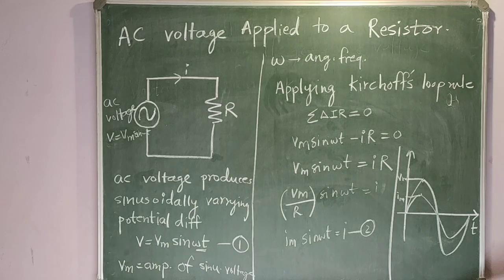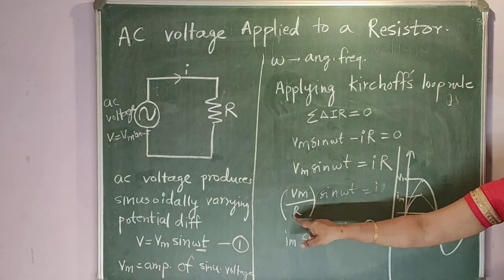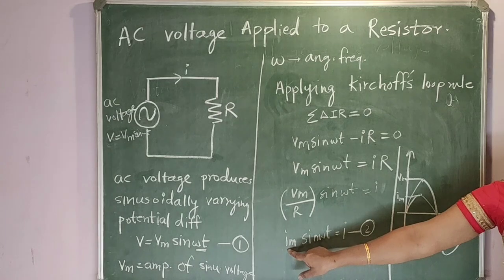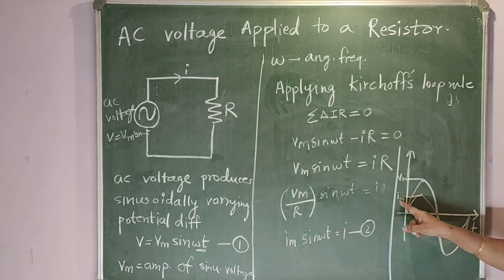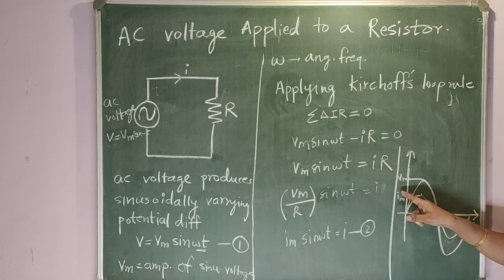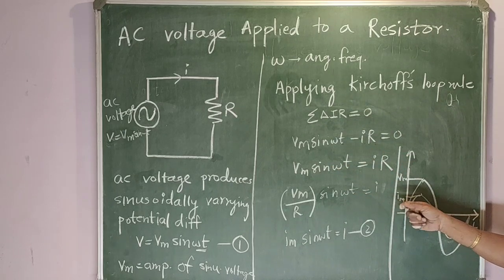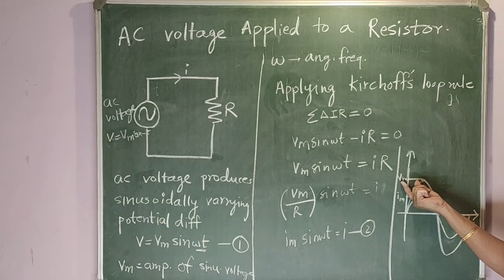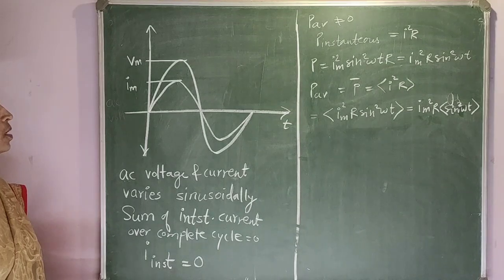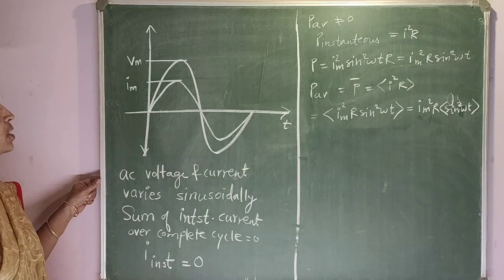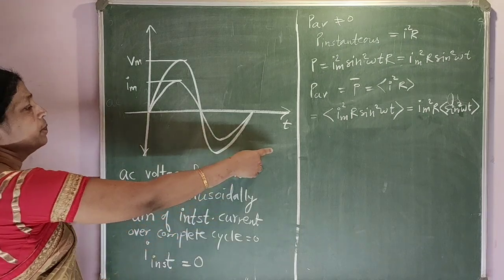Here one more time I want to emphasize the amplitude of voltage and amplitude of current. V maximum upon R gives us I maximum. And due to that I maximum, the current which we get due to this AC voltage will have an amplitude smaller than the voltage. Students, we have seen the graph of AC voltage and AC current with time t.